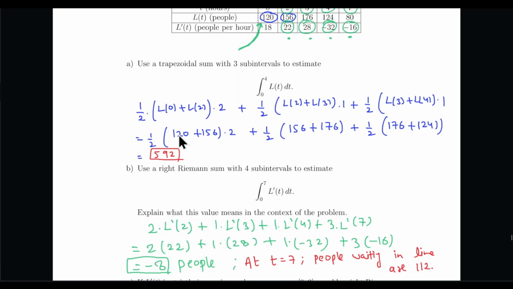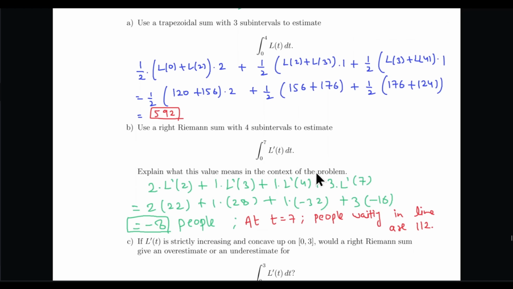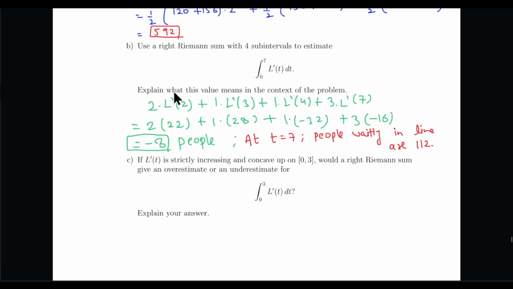That's how it works. And finally, the last one is if L prime is strictly decreasing and concave up in 0 to 3, would a right-hand Riemann sum overestimate or underestimate this thing? So remember that Riemann has nothing to do with concavity and everything to do with increasing or decreasing.